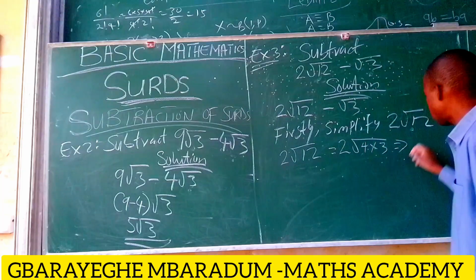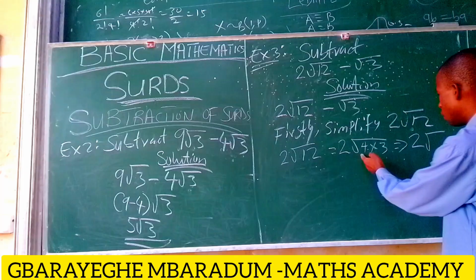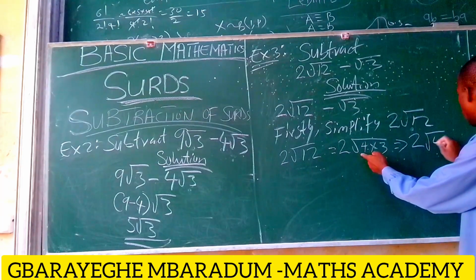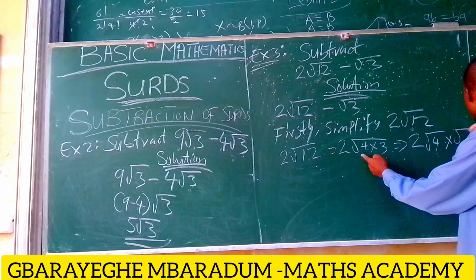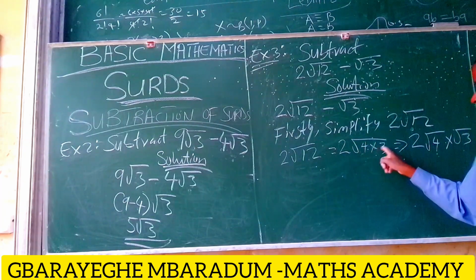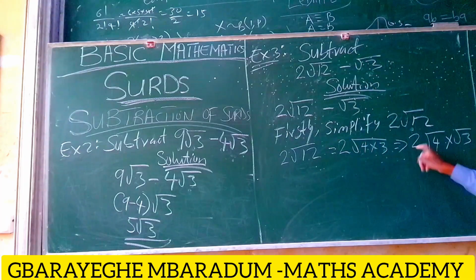This implies that you still have the 2 here, times root 4 times root 3. These values affect both the 4 and the 3. That's why I simplify it in the simplest form: root 4 times root 3.